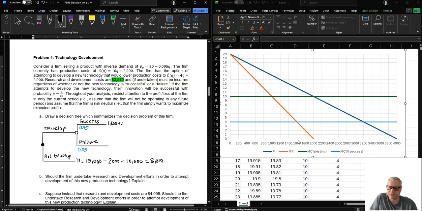Then we produce the 1,600 units with marginal cost of 4, so that's minus 1,600 times 4, which is 6,400, and we still have fixed cost of 2,000. And of course we must not forget the development cost of 3,315.